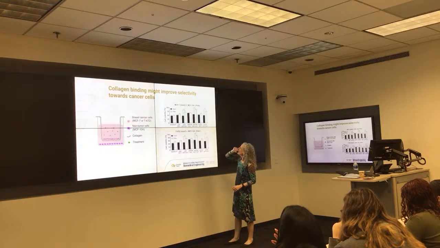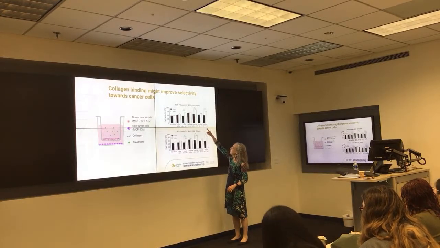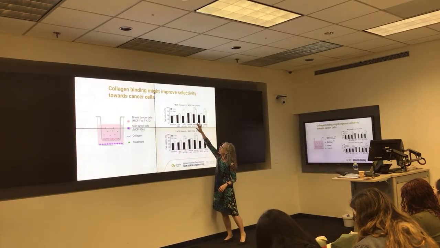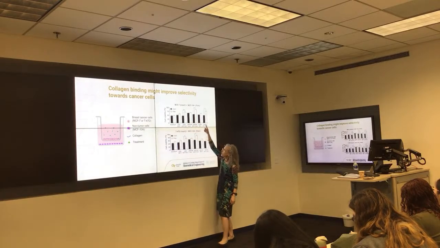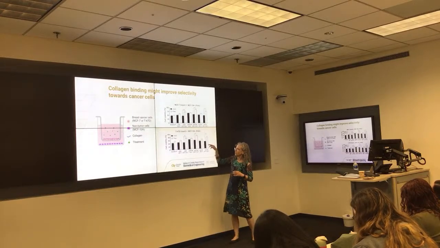And essentially what she finds is that if she has the nanoparticles that bind to collagen, she can preserve the healthy cells and kill the cancer cells, so it's working locally but not distally. And that's true for both cell types.